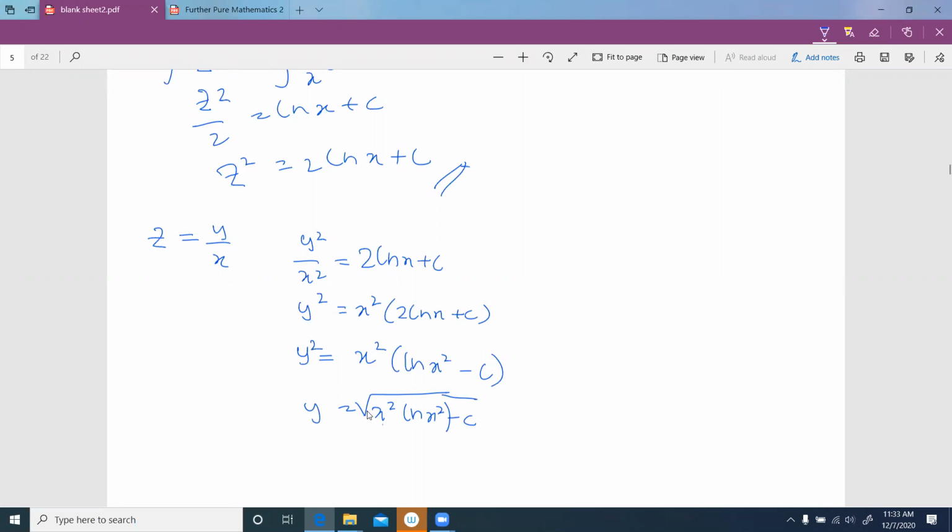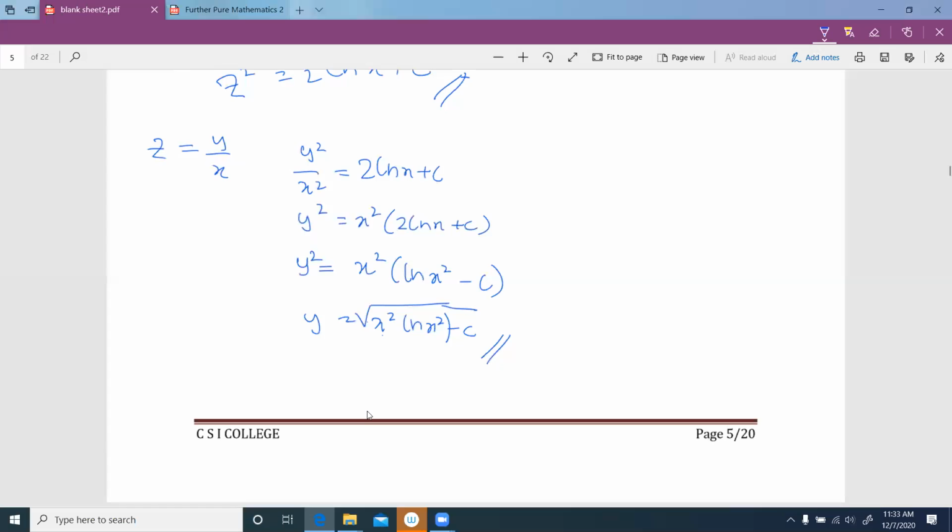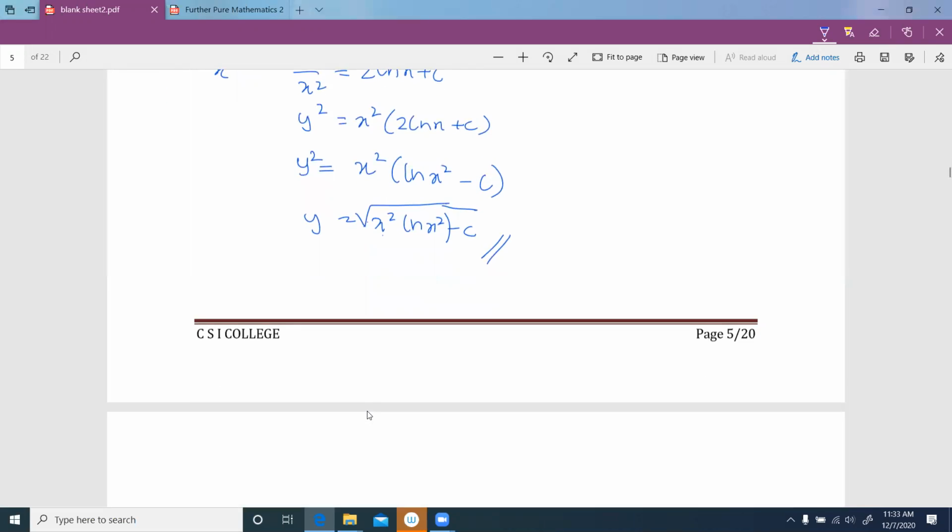So that's the final answer for that. Like that, you can do this kind of integration. That is what you need to learn: by making some kind of substitution, you get the answer for this kind of differential equation. Is that clear?